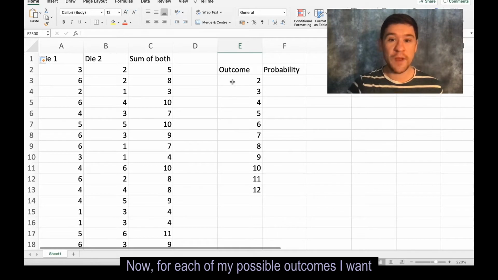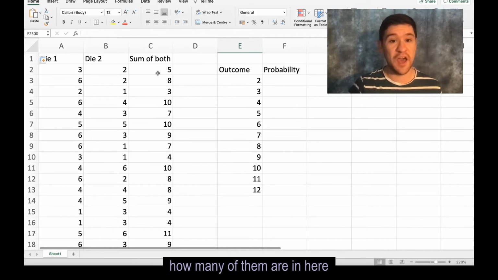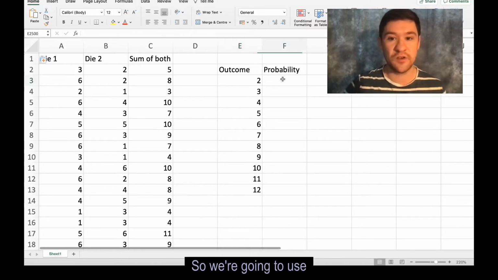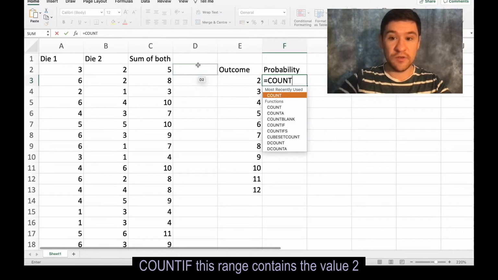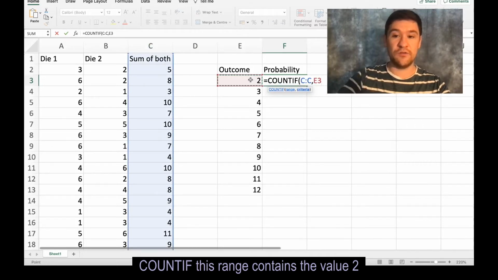Now, for each of my possible outcomes, I want the probability of that happening. So that's going to be how many of them are in here divided by how many trials I did, which was 2,500. So we're going to use COUNTIF this range contains the value 2.